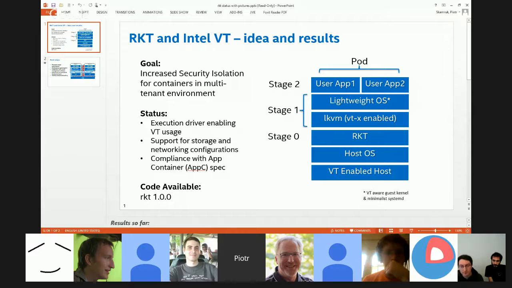This seems a bit hard for the start because interfaces in the container world are kind of different from the ones found in the usual execution drivers based on cgroups.